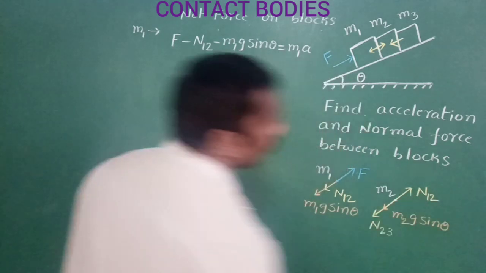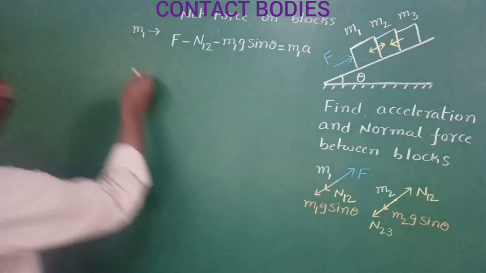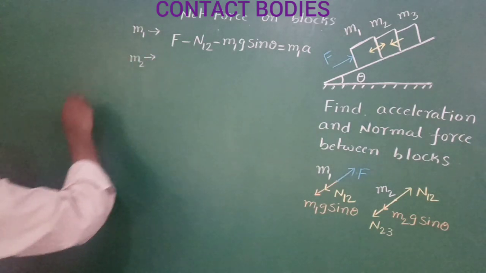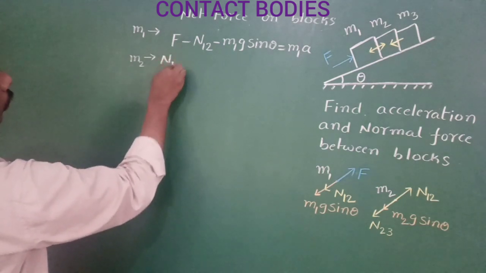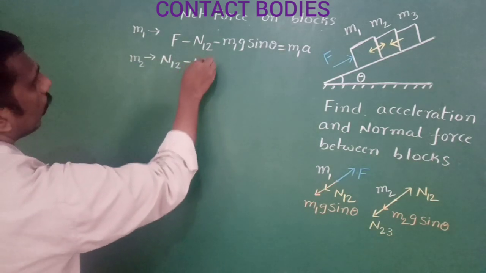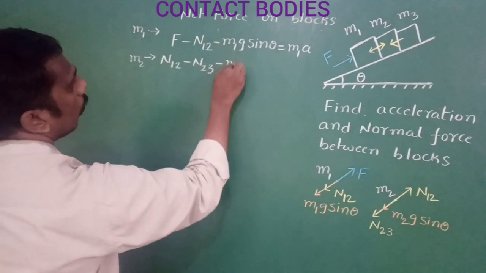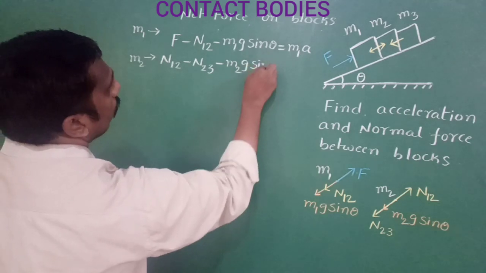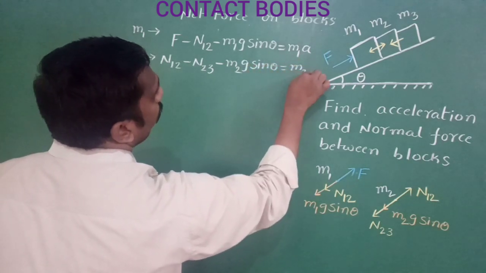Write the equation. This block is also going in the upward direction. That's why the net force acting on m2 is n12 minus n23 minus m2 g sin theta is equal to m2 into a.